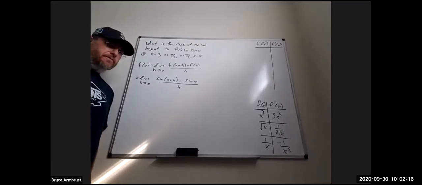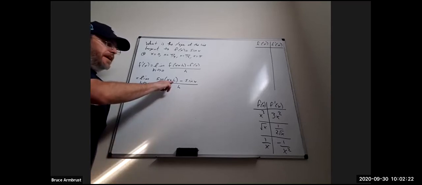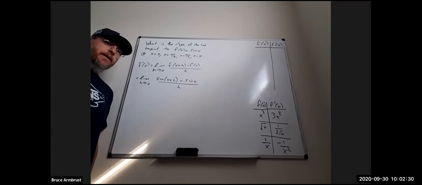Yeah, we are going to want to use an identity, but the one that we're going to use is the sum of angles identity, because inside this sine we've got two things being added, right? x plus h. So I'm not going to use the sum to product, but the sum of angles identity.